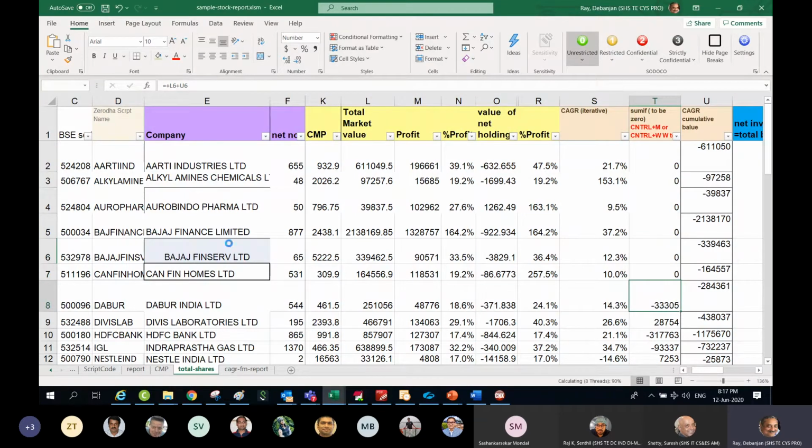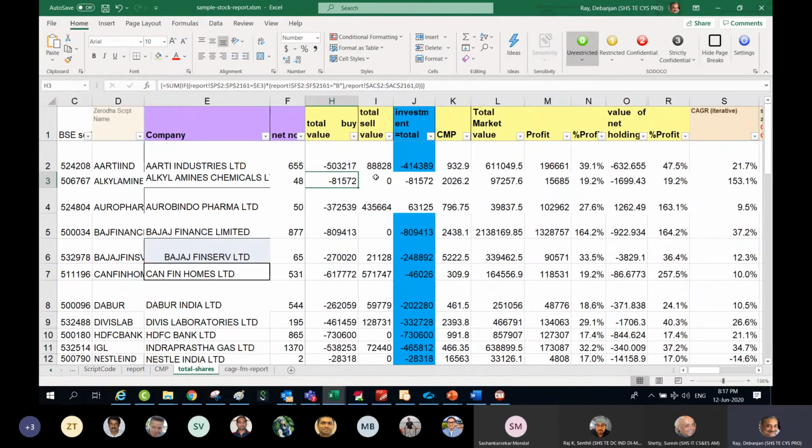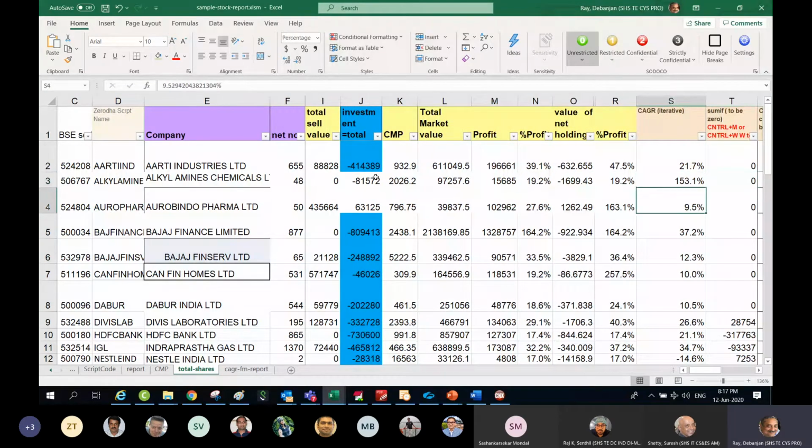Now I can see that for Alkyl Amines my current CAGR is 150%. And how much have I invested in this particular stock? I've invested a total of 81,000, and I'm already making an overall 19% profit. But there are other stocks which are not giving so much.